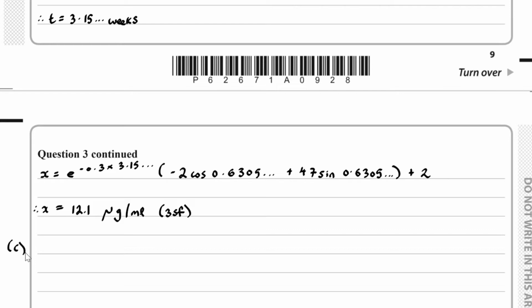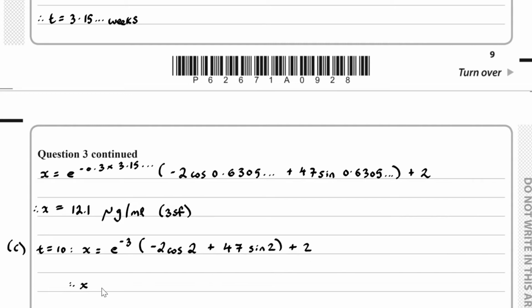So for part C, when t equals 10, we've got x equals e to the minus 3, since we've got minus 0.3 times 10, which is minus 3. And then we've got minus 2 times the cosine of 0.2 times t, so the cosine of 2, plus 47 times the sine of 2, and then we add on this extra 2.